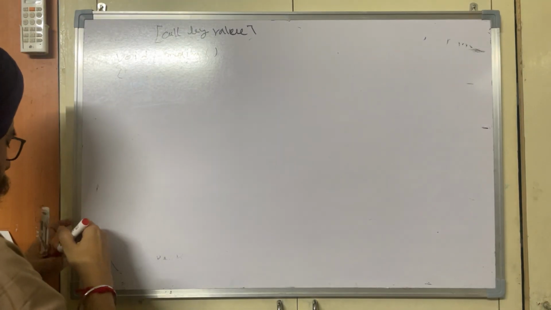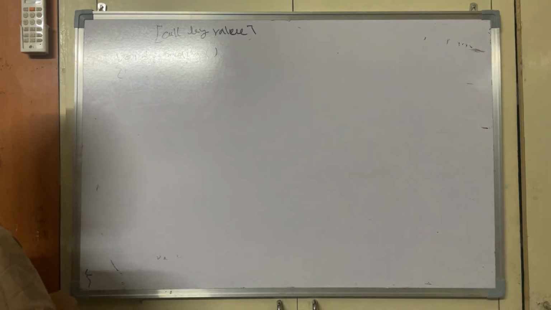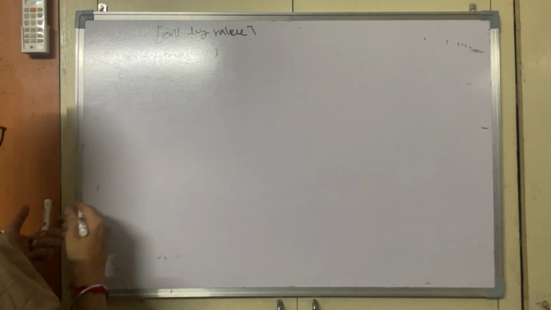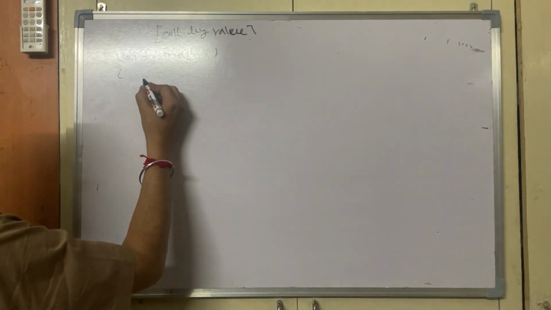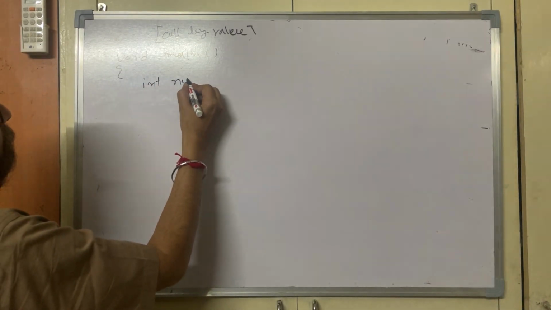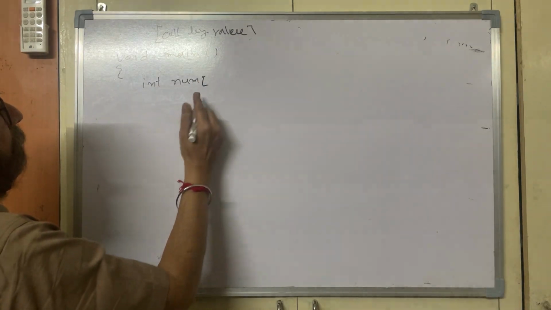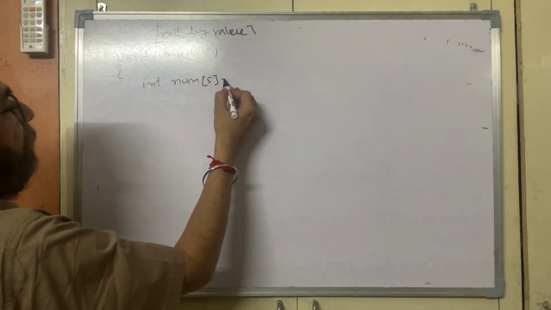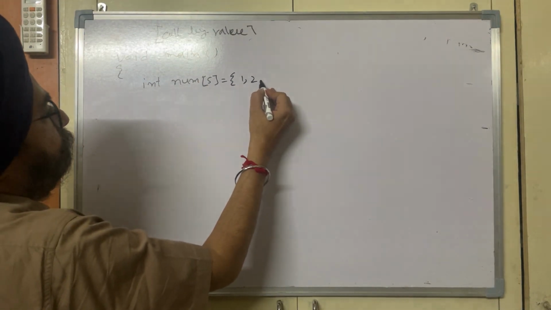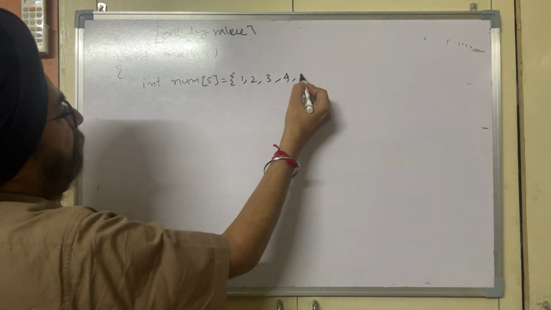Suppose I'm using int num of 5 elements: 1, 2, 3, 4 and 5.